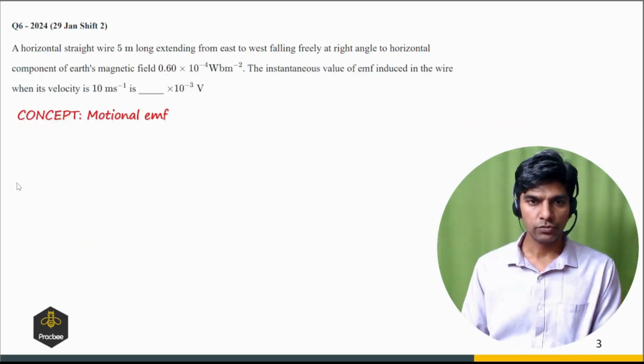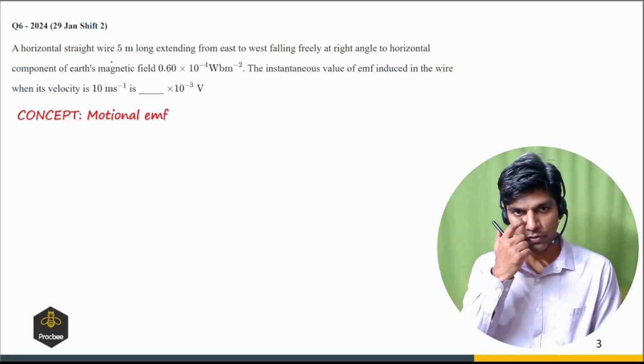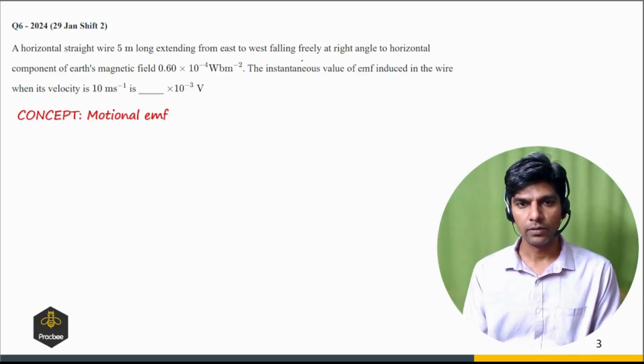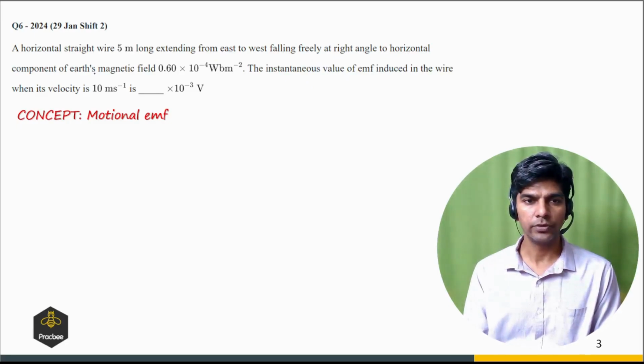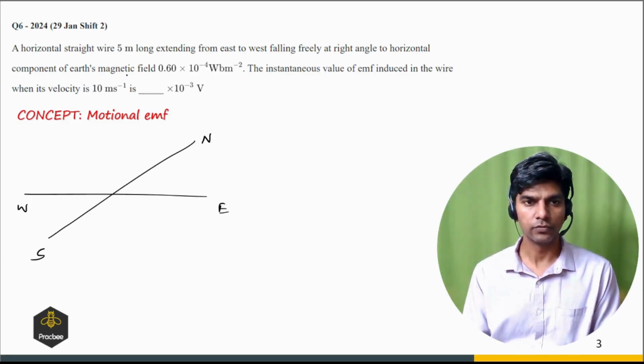Now let us see the next question. A horizontal straight wire 5 meter long extending from the east to west, falling freely at right angle to the horizontal component of Earth's magnetic field. Okay, so let me draw here. So this is west, this is east, this is north, and this is south.